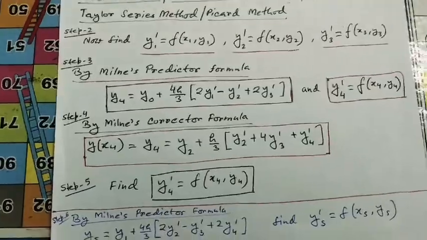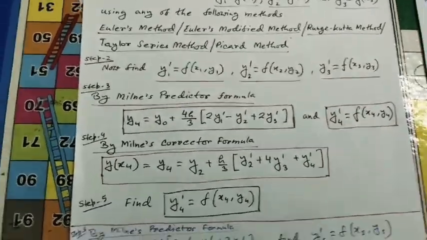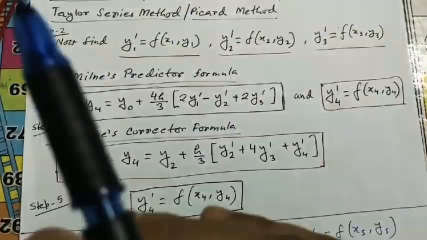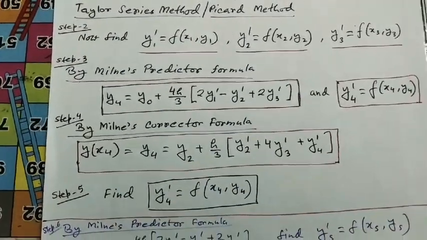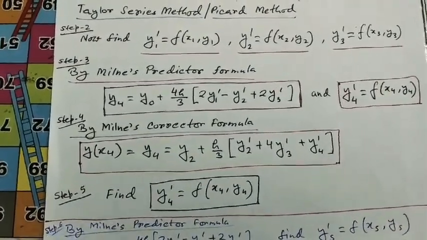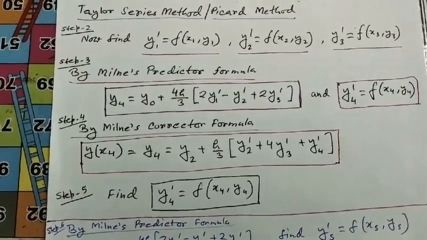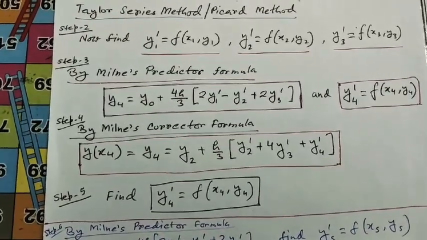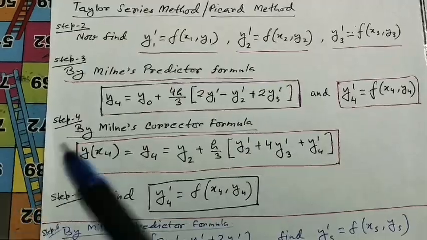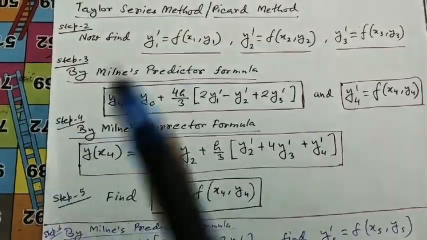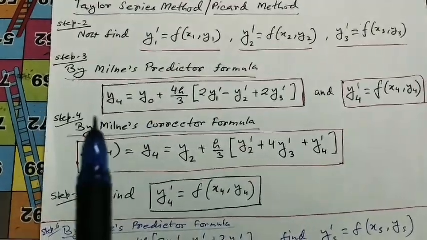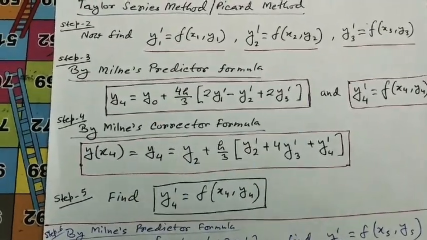In this method, after step 2, the approximate solution will first be calculated, and after that, the approximate value predicted by the predictor formula will be corrected by Milne's corrector formula.